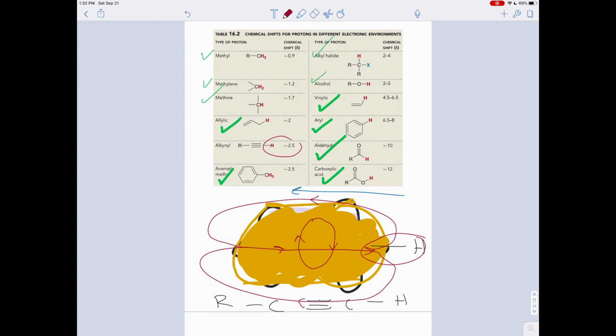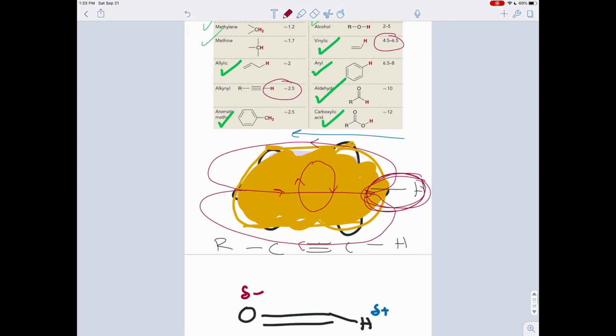And that's why you don't need nearly as much energy to flip this hydrogen as you would need for a double bond. Because the magnetic field that's produced by the swirling electrons opposes the external magnetic field in the case of the alkyne.